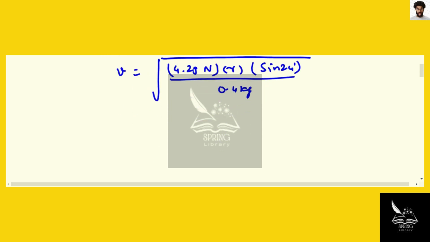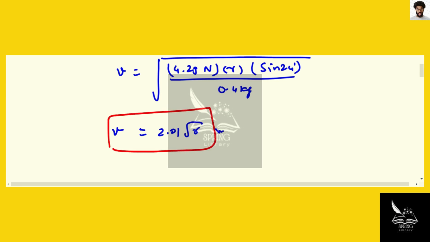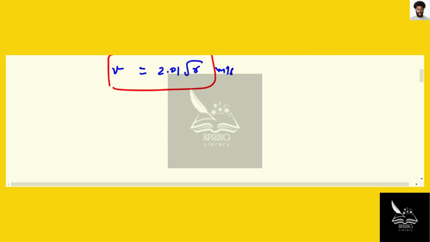That comes to the square root of 2.01 r. So 2.01 under root r should be the velocity of the mass in meter per second.